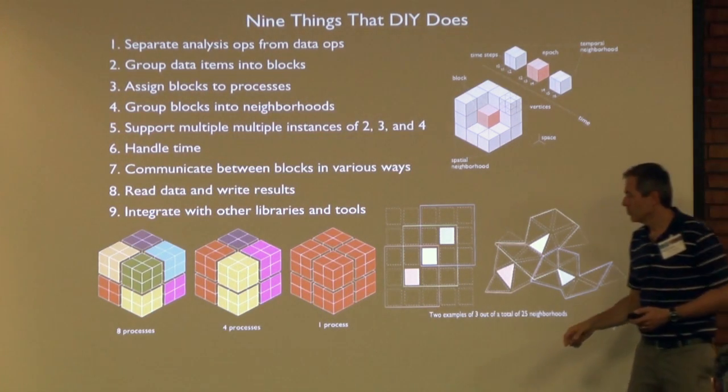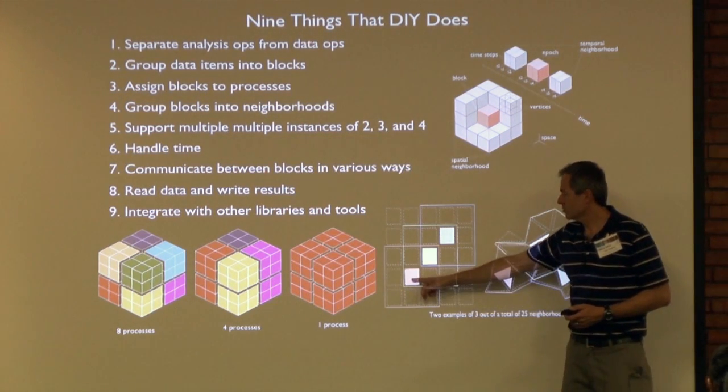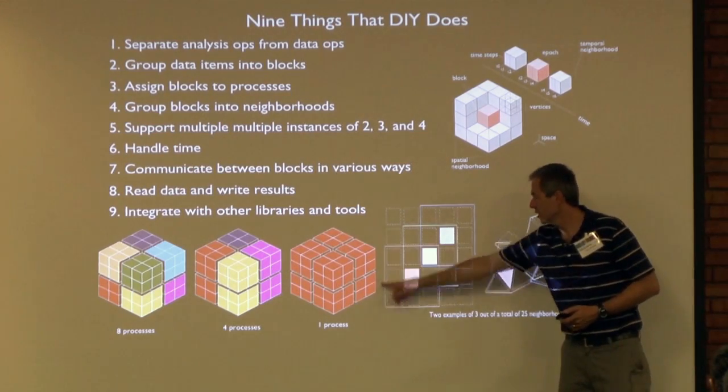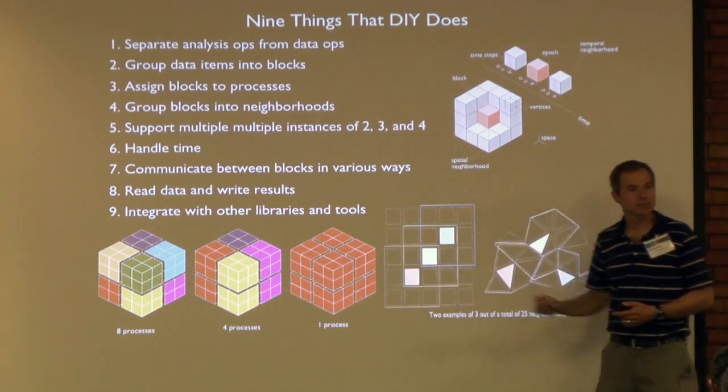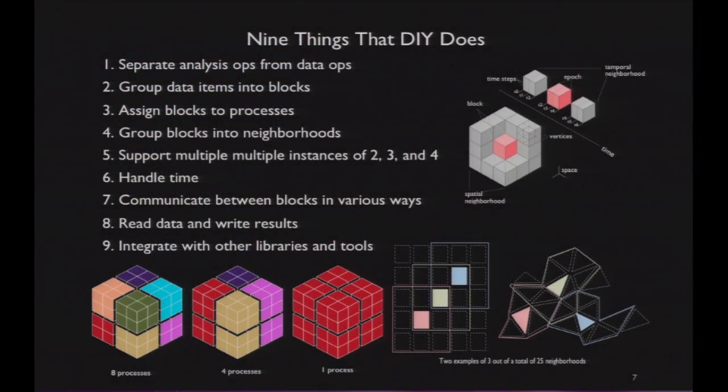If this block were to communicate with its neighbors, it would be the other blocks that are considered within its neighborhood. And that's a way to localize and compartmentalize the communication. We can do global communication as well as neighborhood communication. But when we do neighborhood communication, this idea of having neighborhoods is key. And DIY helps you create neighborhoods and manage them.